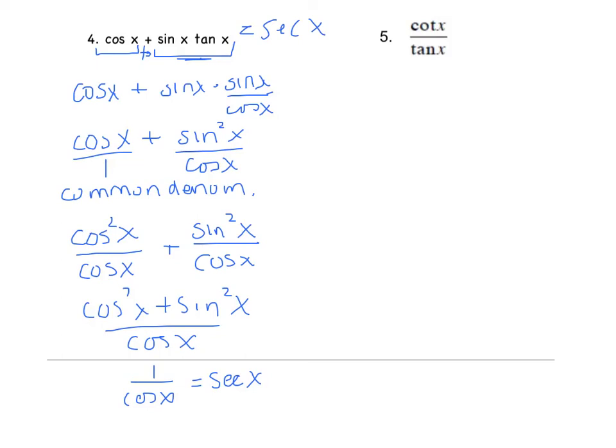Okay, number 5. What you'll find here is that problems can be done in more than one way. For instance, one way I could do this is change everything to cosines and sines, right? I have cosine over sine, that's cotangent, divided by sine over cosine, right?